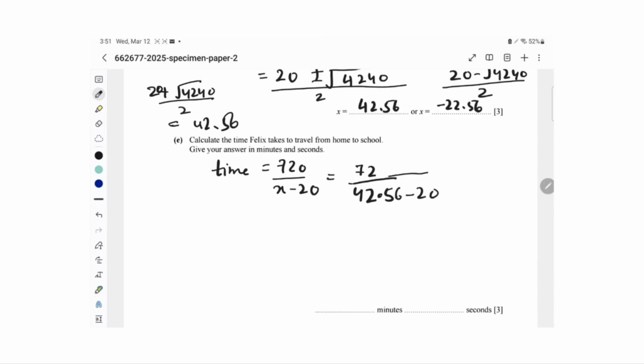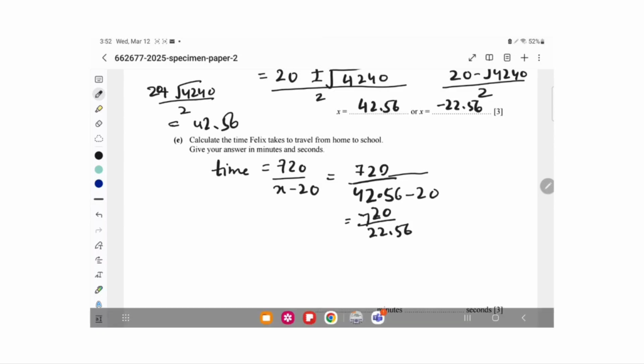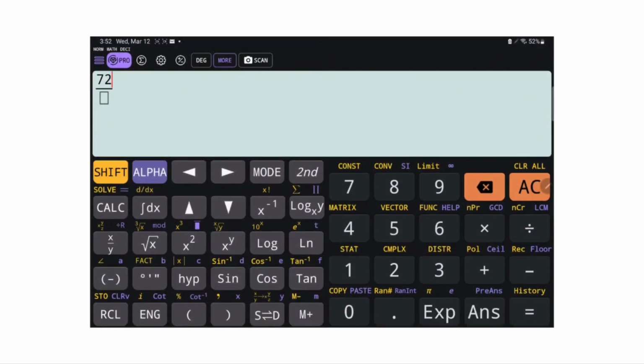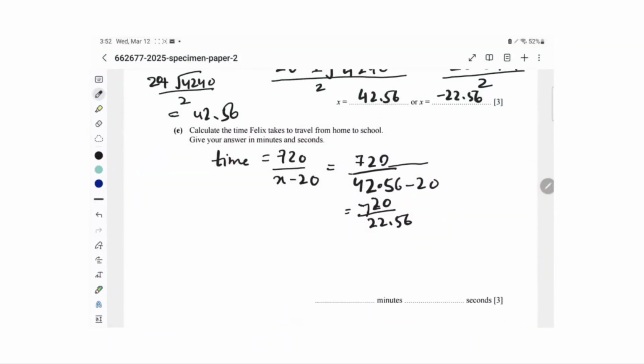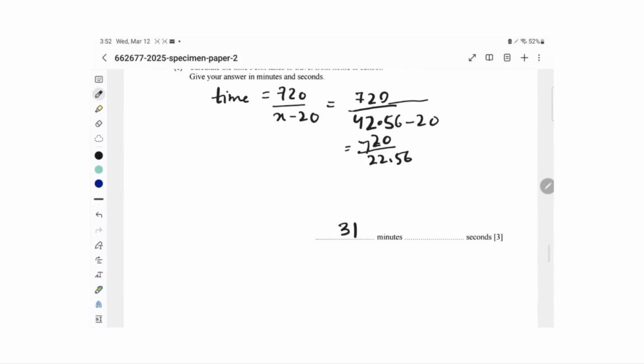So that is 720 divided by 22.56. So here 720 divided by 22.56, it's 31.9. 31.9 is your answer. 31 minutes, and 0.9 means 0.9 times 60.